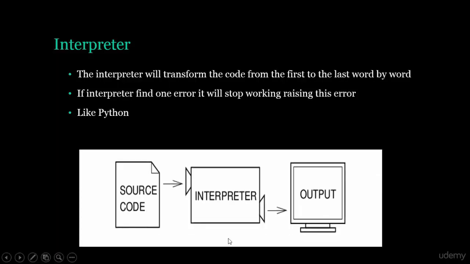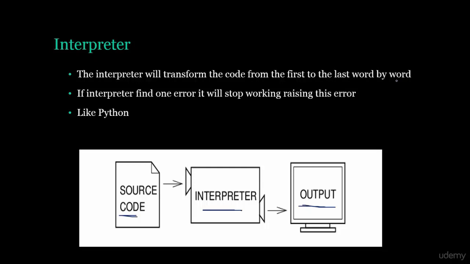Let's see this photo. This is our source code here. The interpreter will transform this source code to 0s and 1s so that the computer or PC can understand it. Let's explain something about the interpreter. If there are lines of code, and there is an error here, and an error here in our code, and an error here, the interpreter will move from here.